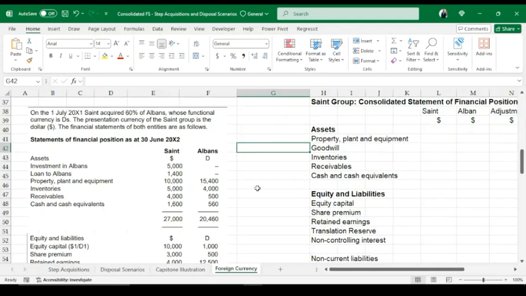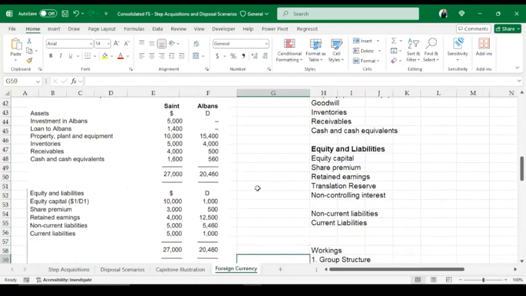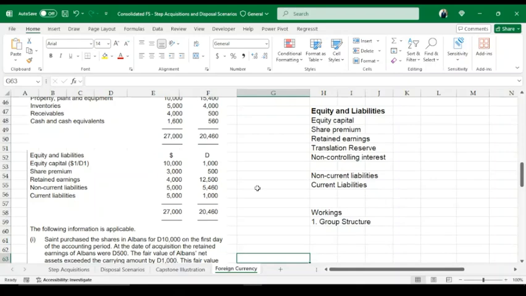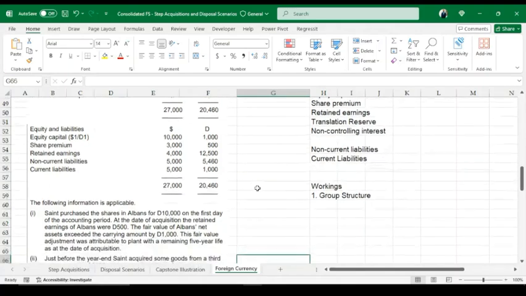So we have the statement of financial position, with assets that include investments in Albans, loan to Albans, property, plant and equipment, inventories, receivables, cash and cash equivalents. Then we have equity and liabilities. So we have equity capital of $1 each, share premium, retained earnings, non-current liabilities, and current liabilities.